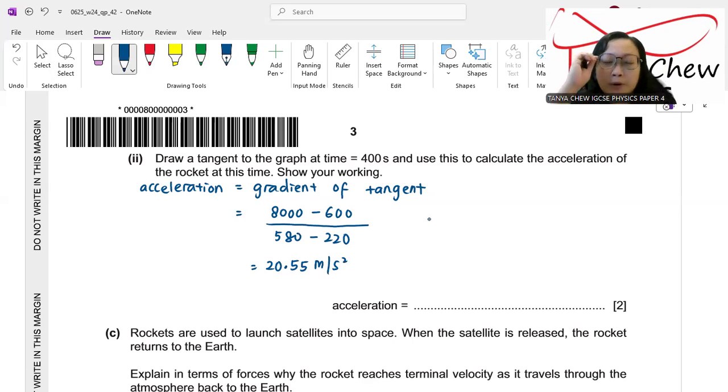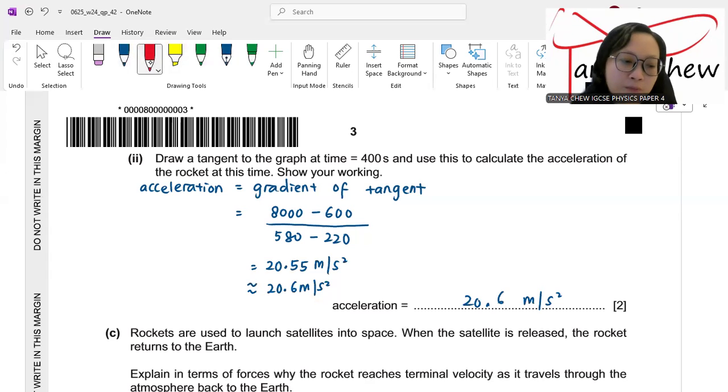But hey, remember 20.55, that is four significant figures. Therefore, I have to round it off to minimum of 2 significant figures and maximum of 3 significant figures. So I'm going to round it off to 20.6 meter per second square. So 20.6 meter per second square, 3 significant figures.